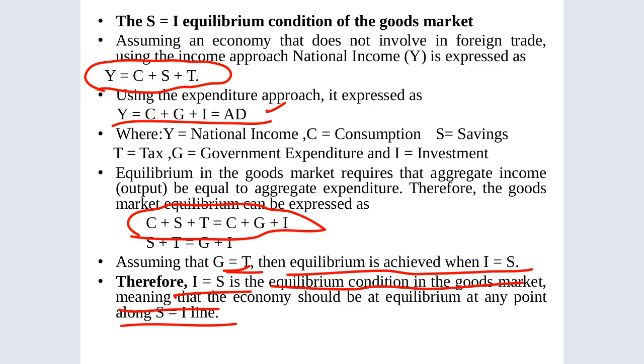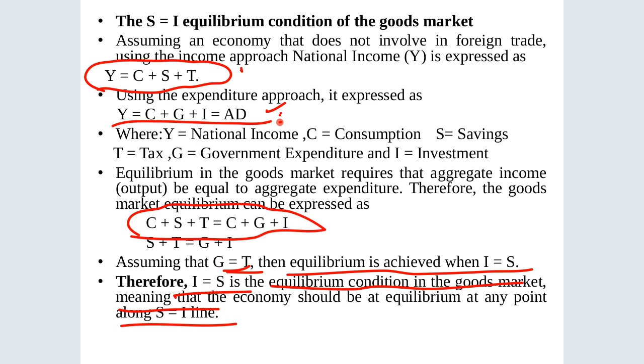Sorry, the previous slides, okay. This is the previous slide where I have said the savings investment condition for the goods market. So this is the national income approach to computing GDP. We also have the expenditure approach. Since they give the same value, you can equate them.